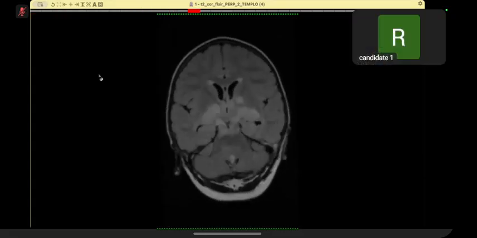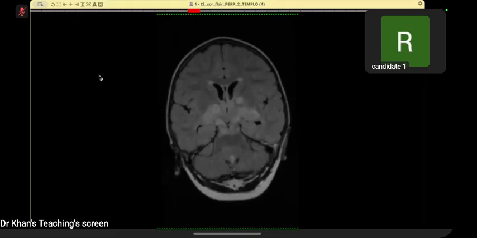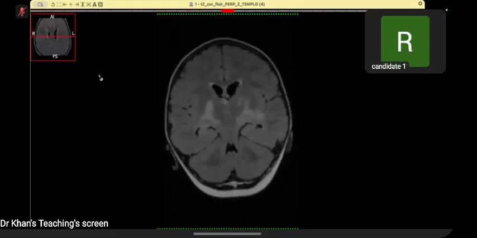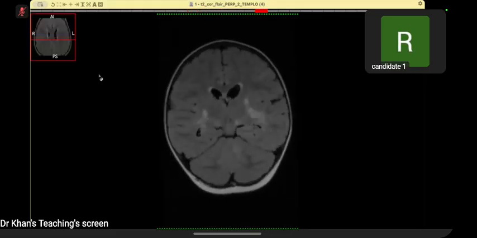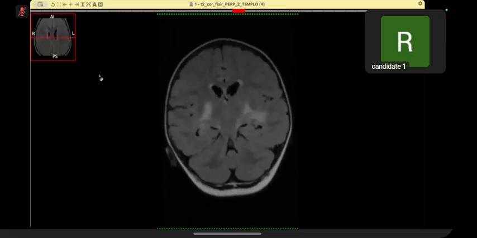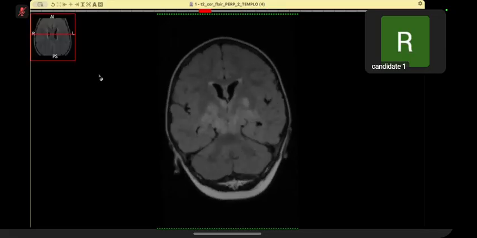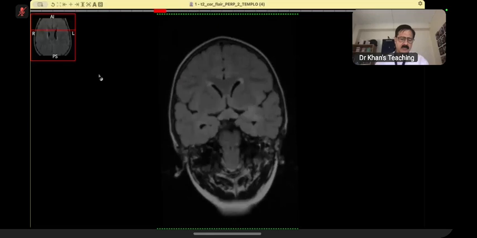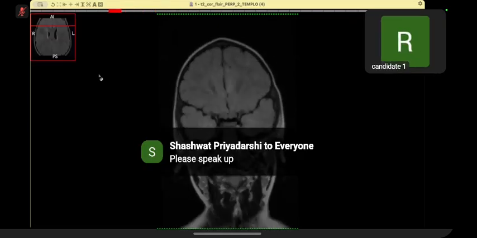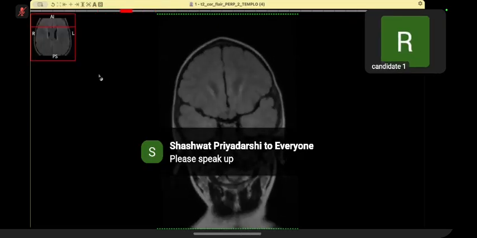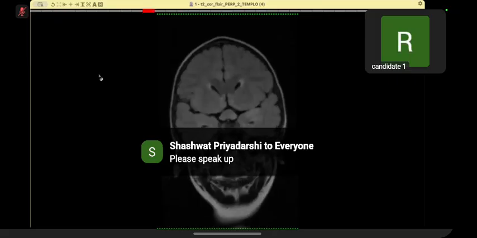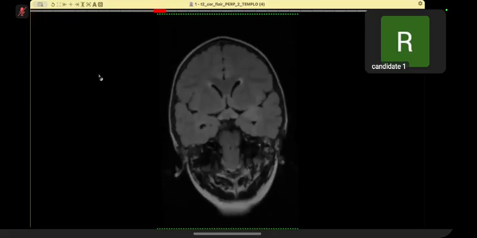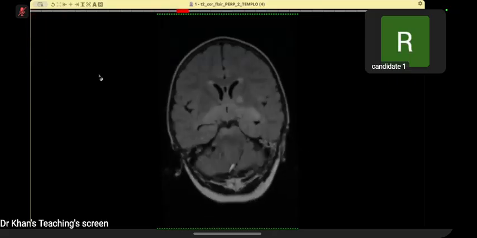Okay. So these abnormalities are not restricting, so hypoxic injury is less likely. Sir, is there any relevant history of the baby? Nothing relevant. It can also be some leukodystrophy involving the deep gray nuclei.